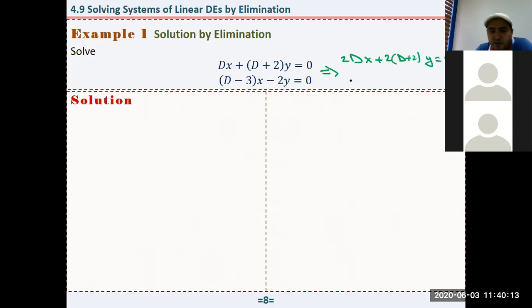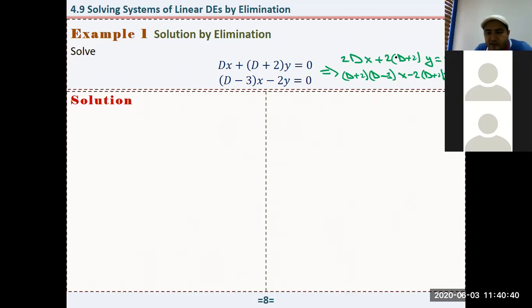The second one is multiplied by D plus 2. So here we have (D plus 2)(D minus 3), sorry, it is minus, right? And here we have x minus 2 multiplied by (D plus 2), so here we have (D plus 2)y is equal to 0.